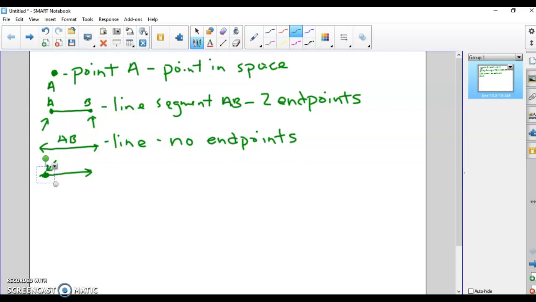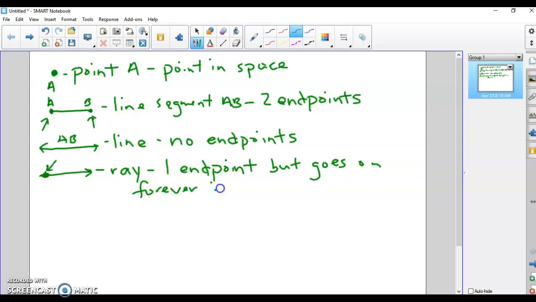That's your endpoint, but then you go on forever in one direction. So this is going to be called a ray, and it has one endpoint, but goes on forever in one direction.